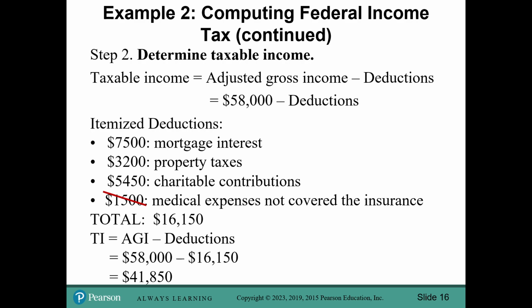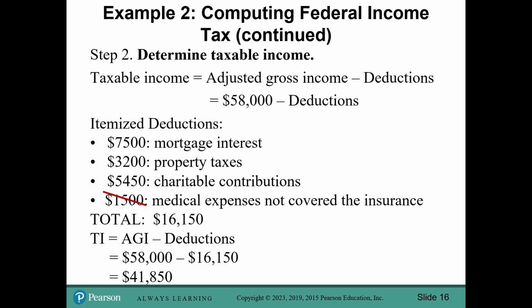Okay. Now, after we do that adjustment and find our adjusted gross income, we are going to find our taxable income. So we're going to take that adjusted gross income of $58,000 and subtract our deductions. Now, it did list and itemize some deductions for us.